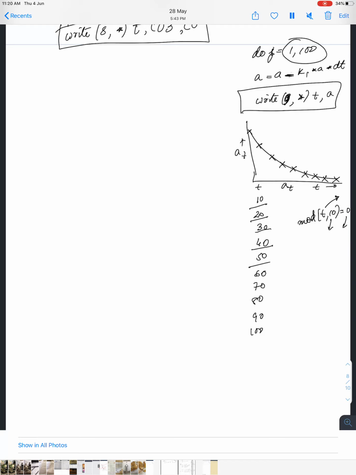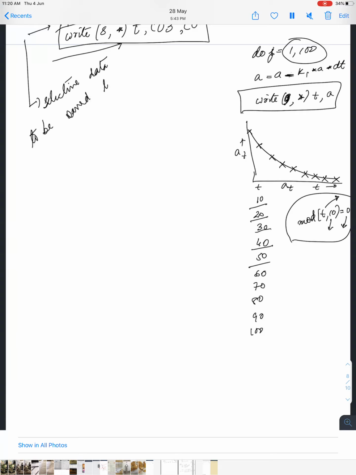Similarly, in this particular case, for ozone, you have far greater number of data points that you are generating. The computer will not have any problem generating them. But when you are writing onto a file, you are going to choose. So selective data will be written onto the file from which you are going to plot, right?